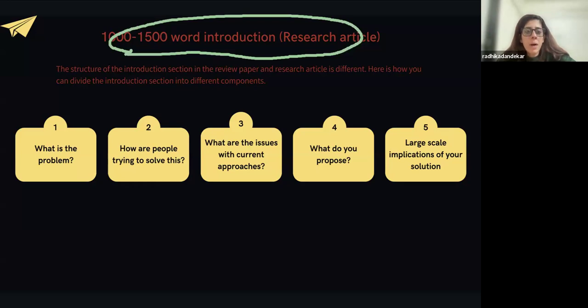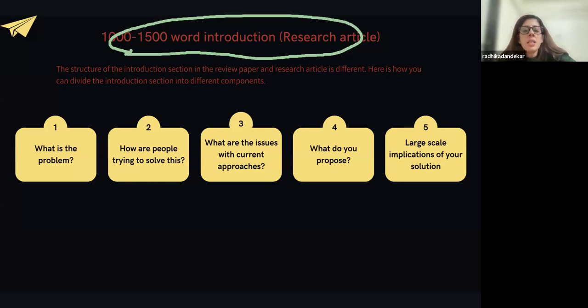The first part of the introduction section is what is the problem. It is very important that you mention the problem statement. The second point is how are people trying to solve this problem. This is where you write about your literature study and what people are trying to do to solve this particular problem.